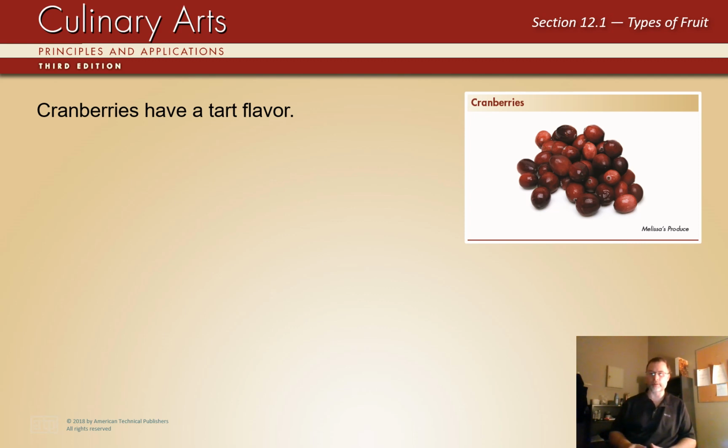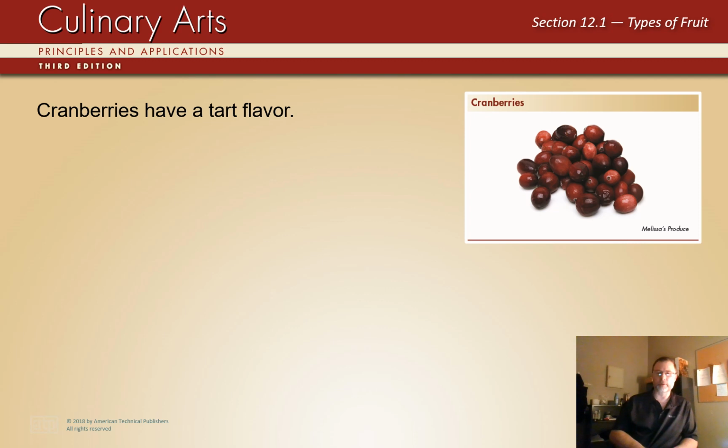Cranberries are extraordinarily tart, so it usually requires a lot of sugar to help make them edible. They're used in things like cranberry juice. They have a lot of antioxidants, and they have a lot of vitamin C. So they are very good for your body, cleaning things out and helping your system run better.